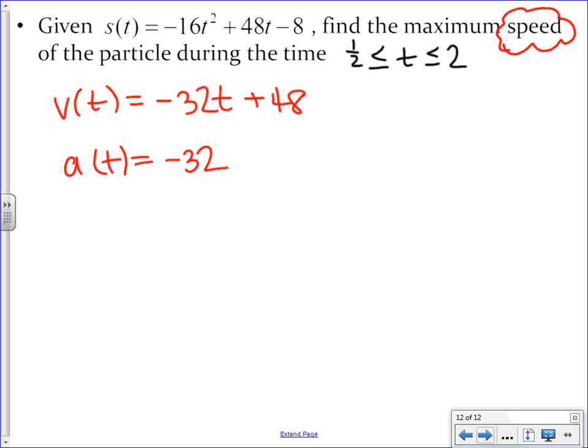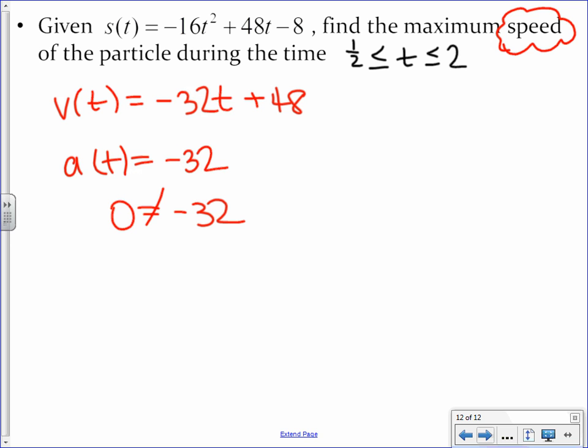Okay. We're never going to have an acceleration of 0. But look, we're on an interval, right? So we don't have a critical point, but we're on an interval.